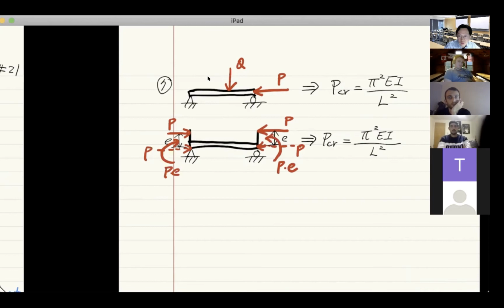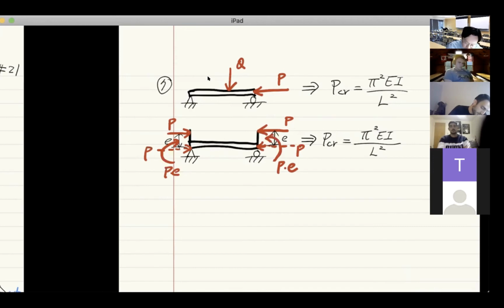So what does that tell you? Logically, that tells you that with or without moment at the support doesn't matter. It doesn't change the buckling load. So that's one lesson. Two, with or without the lateral force, with or without the Q, doesn't matter, right? You still will be getting the same critical load. So what really matters?